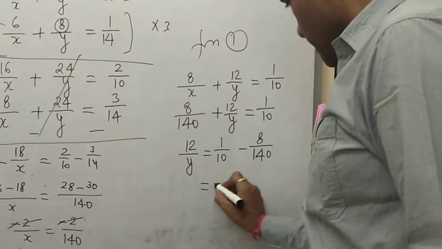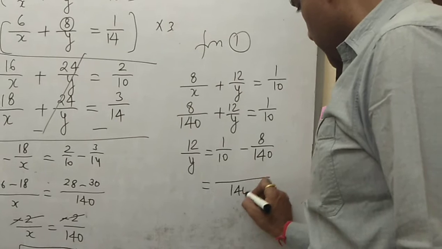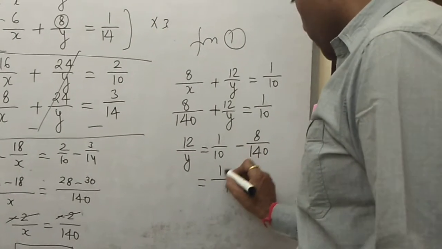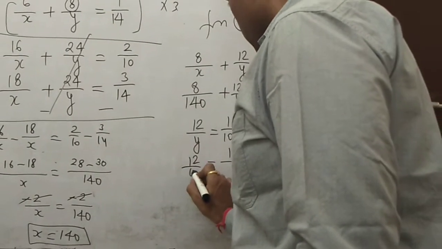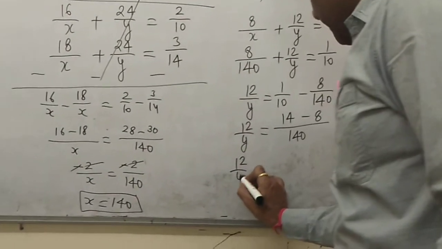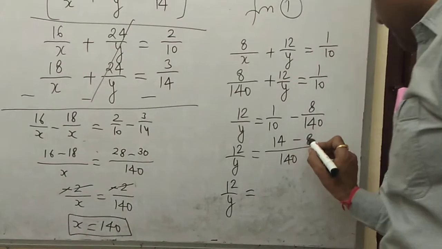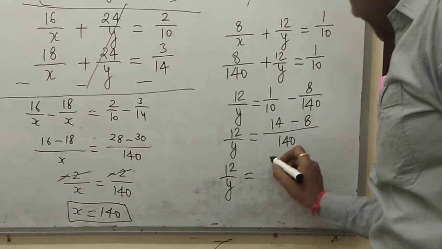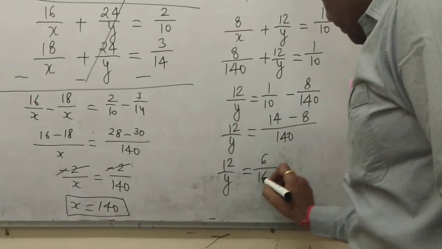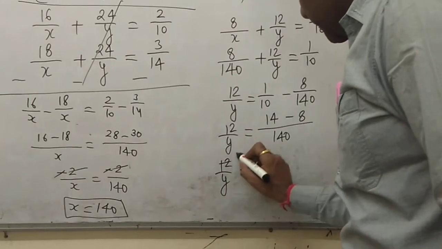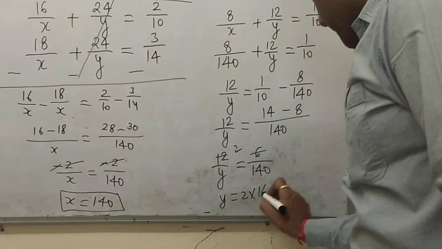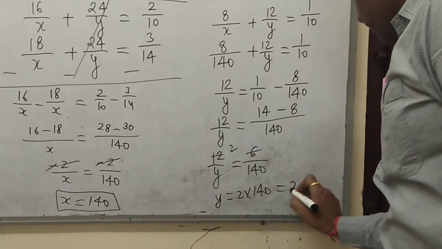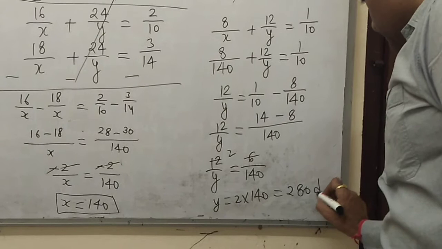After LCM 140, you have 14 minus 8. So 12 by y equals 14 minus 8, which is 6, so 6 by 140. So 6 twos are 12, so y equals 2 into 140, so 140 into 2 is 280 days.